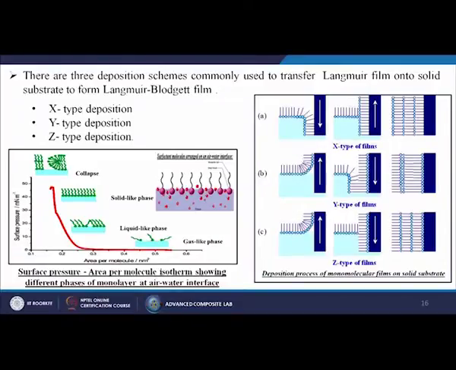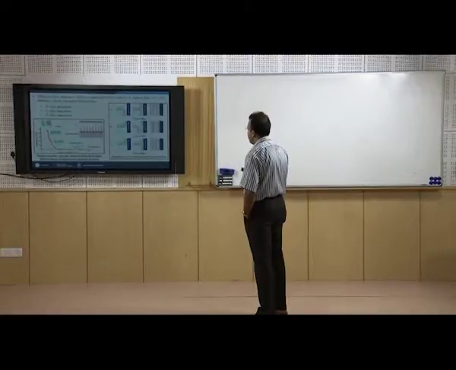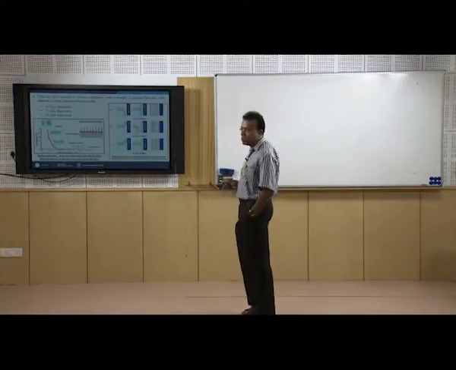Here is a graph of surface pressure versus area per molecule isotherm showing different phases of a monolayer at the air water interface. This is called X type films, Y type films and Z type films, where we see the different types of deposition processes of monolayer films on the solid substrate itself. Here we can see how the attachment takes place and how the film formation takes place onto the substrate itself.